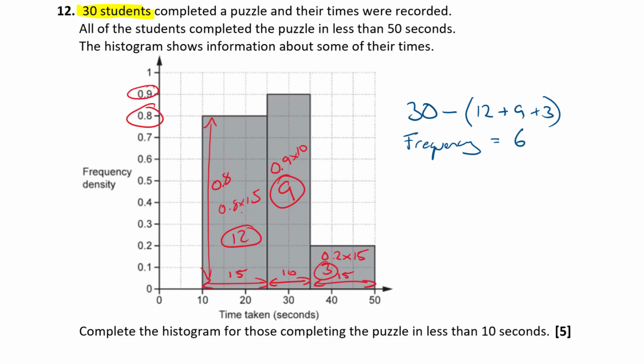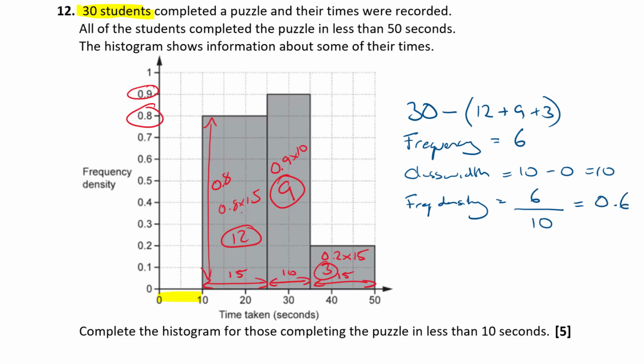Now, the width of the bar goes from 0 to 10. So our class width is just 10 subtract 0, or 10, which means the frequency density is frequency 6 divided by class width 10, which gives me a frequency density of 0.6.